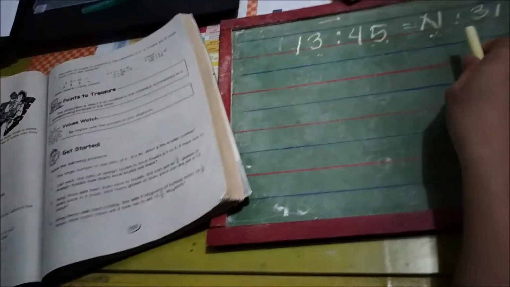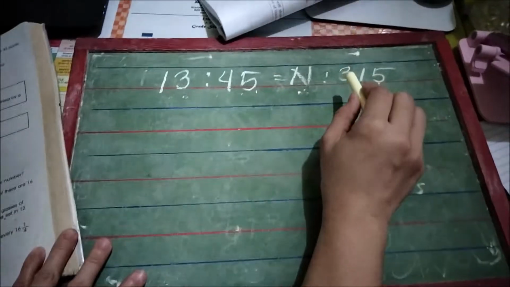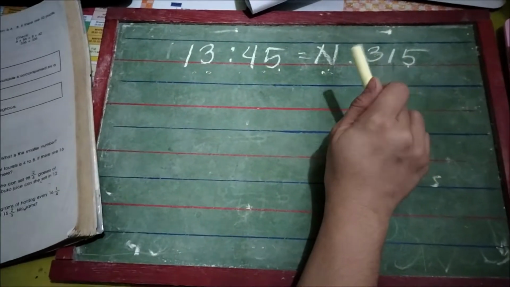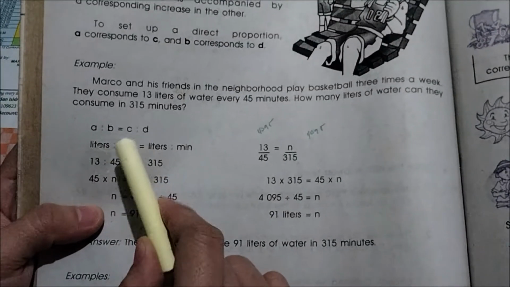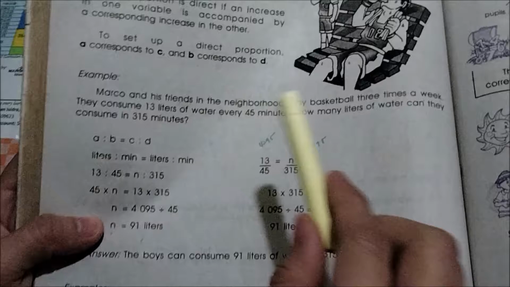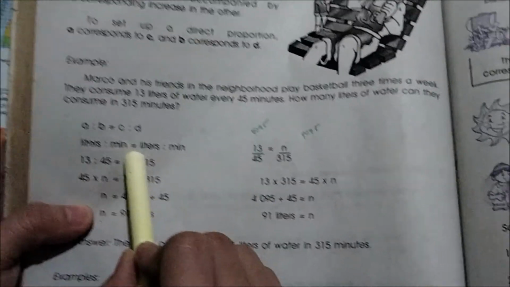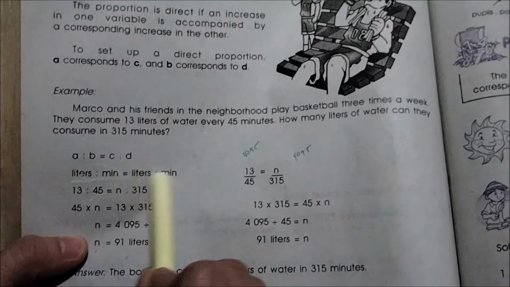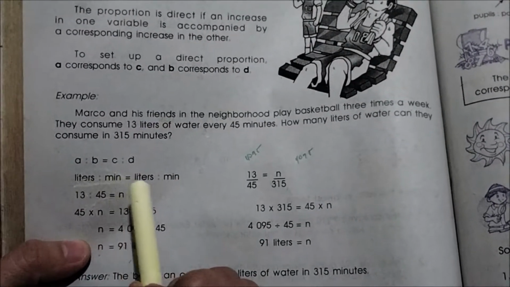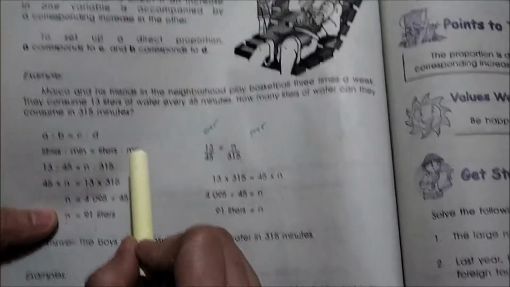And then we have here n is to 315 minutes. So it is a direct proportion. To solve a direct proportion, always remember how you are going to form the ratio. In our problem, the variables are liters is to minutes equals liters is to minutes, because it is a direct proportion.